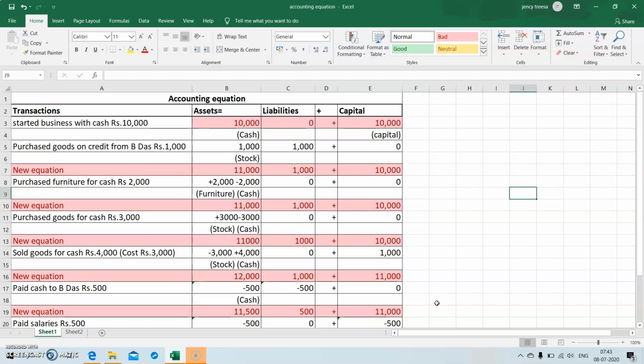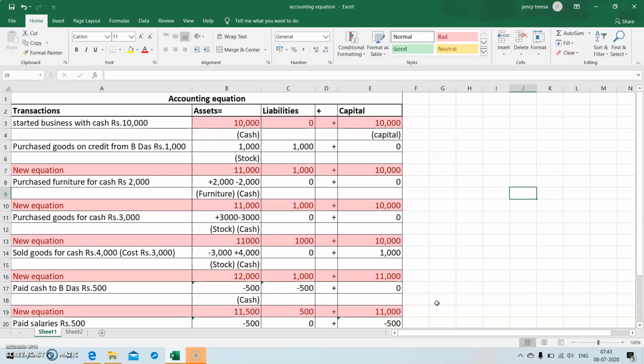You can refer to the previous transactions, and that is being sold now. It might have been procured at a lesser cost, and now you are selling at a higher price. So it is sold at 4,000, cost is just 3,000. That means 1,000 you got as profit.